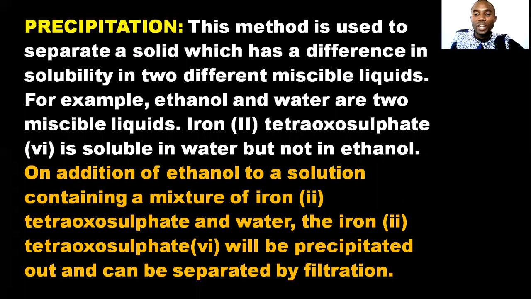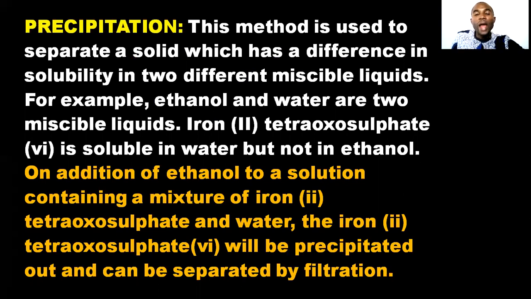For example, iron 2 tetraoxosulfate 6 is soluble in water, but not in ethanol. On addition of ethanol to a solution containing a mixture of iron 2 tetraoxosulfate 6 and water, the iron 2 tetraoxosulfate 6 will be precipitated out, and it can be separated by filtration.